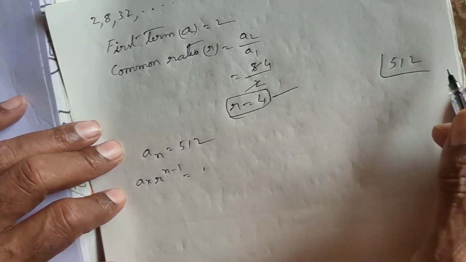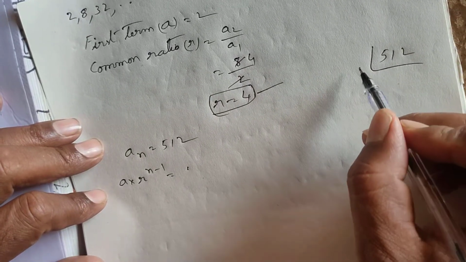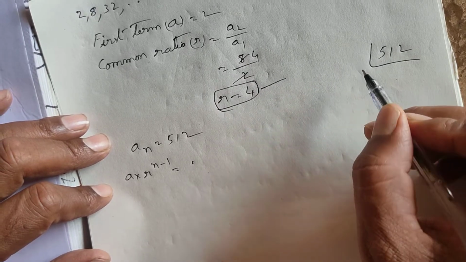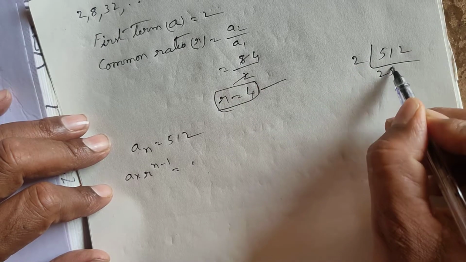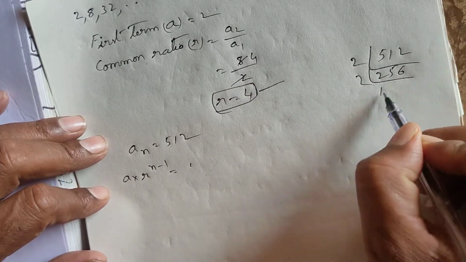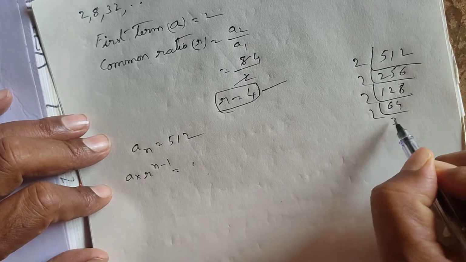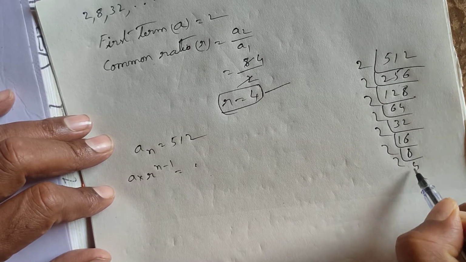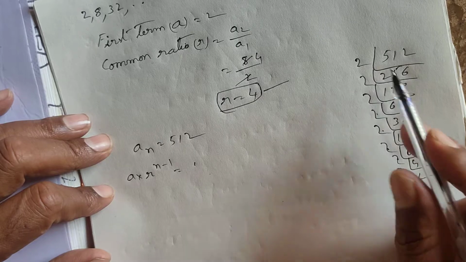What I am doing is factorization. I am writing as product of prime numbers. So the least prime number is 2. So I am cancelling with 2 here. 2 2s are 4. 5 minus 4 is 1. 11. 2 5s are 10. 2 6s are 12. 2 1s are 2, 2 4s are 8, 2 64s are, 2 32s are, 2 16s are, 2 8s are, 2 4s are, 2 2s are. 1 2 3 4 5 6 7 8 9.